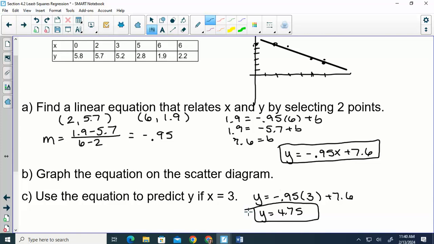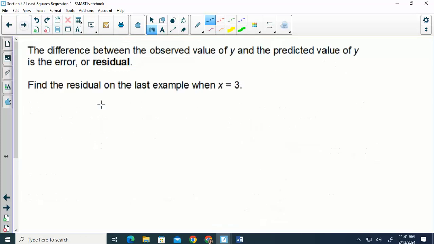So the idea, when you draw a line of best fit, is we want the line that minimizes the error, so all the points are as close to it as possible. And that's the true least squares regression line. The difference between the actual value and our predicted value is what's called the residual.